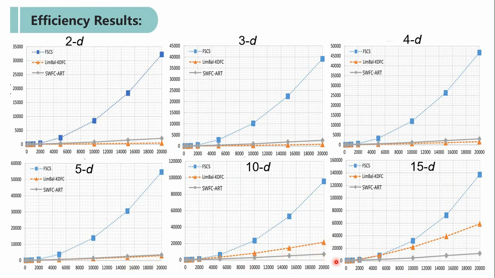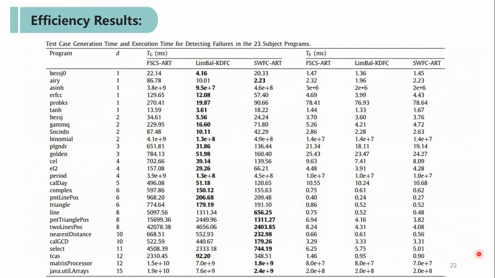However, our proposed method is still consistent on high dimensional input domain, and it still has low computational cost. The same phenomenon can be seen on the real life programs.